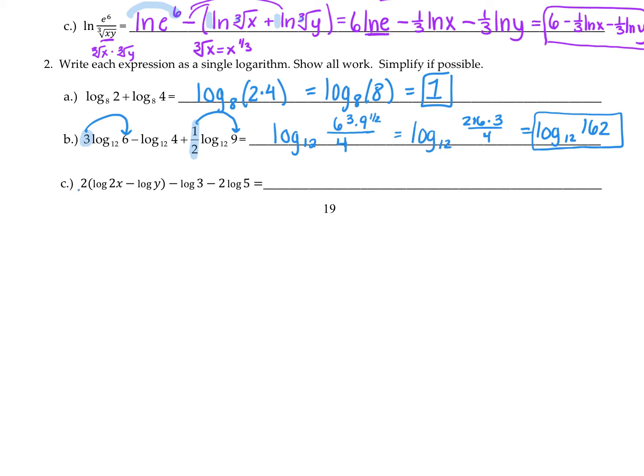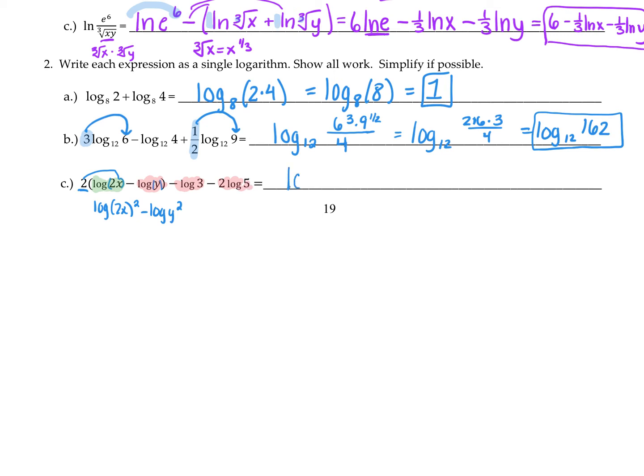All right, so I got this number in front. So again, that means I'm going to give the power to this whole guy and this whole guy. So the first thing I'm going to have is, this is basically become log of 2x squared minus log of y squared. So I got minus, minus, minus. So I have this first guy is going to be on top, and then all the rest of these are going to be on the bottom.